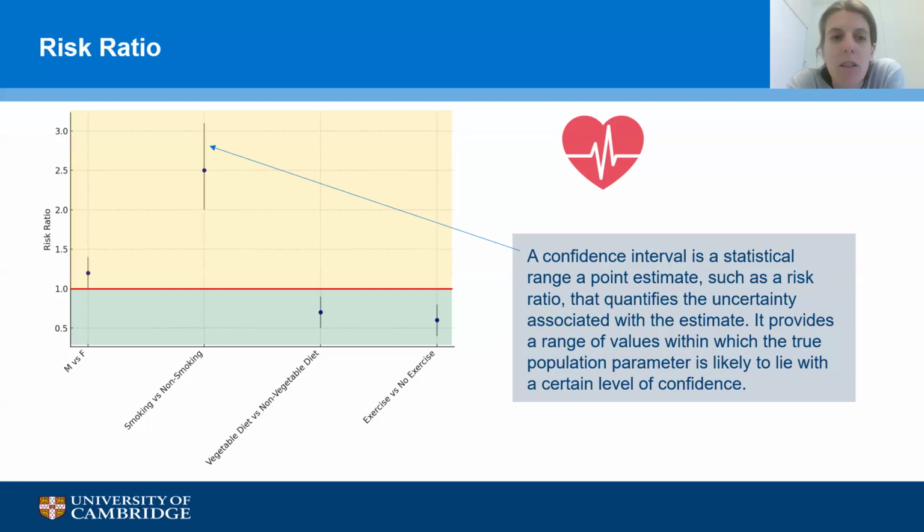We should say that the estimate is 2.5, but the range that the parameter probably has in the population is within a confidence interval. So we have a range where the true value of the population can be. And this is why we use the confidence interval as a measure to quantify the uncertainty associated with the estimate.